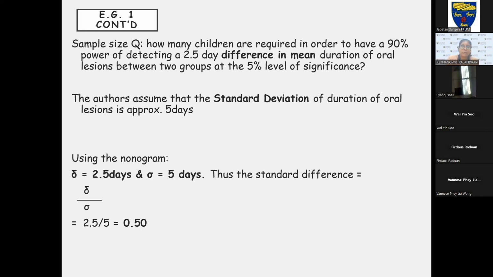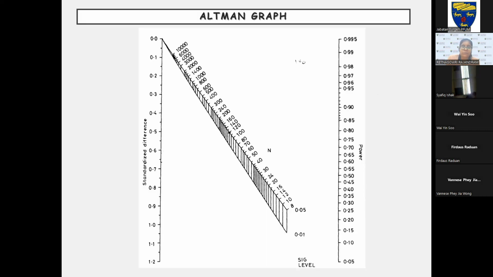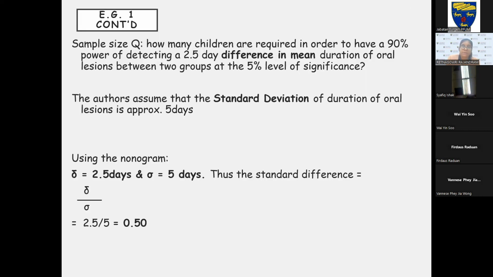Normally you don't need to use this formula. You can tell the statistician it's an RCT, but you have to make sure you give them the right mean difference or the right percentage difference. I'm not going to run through the maths, but I will be sharing the slides so you can go through them.